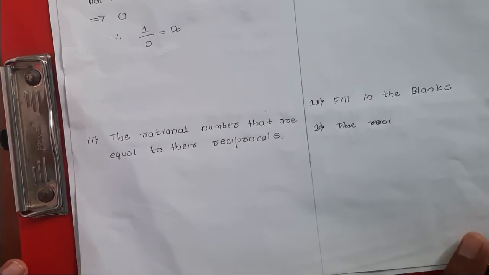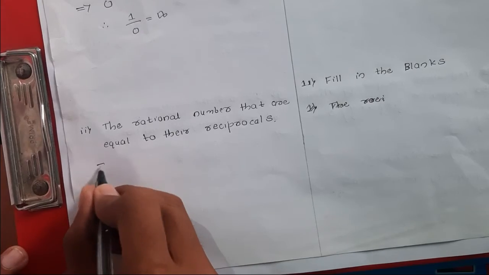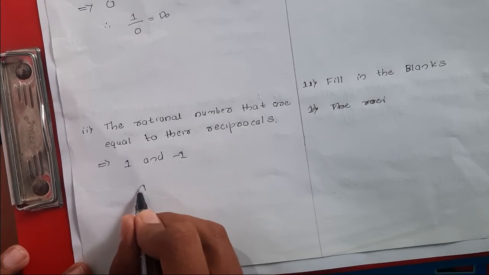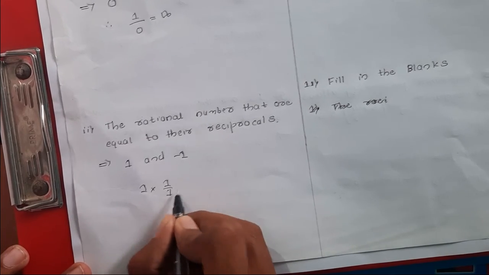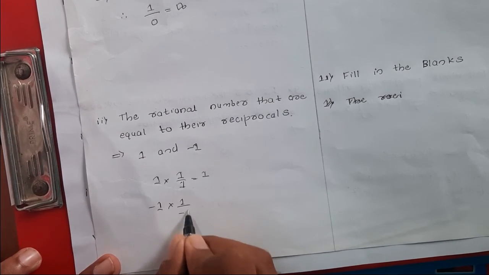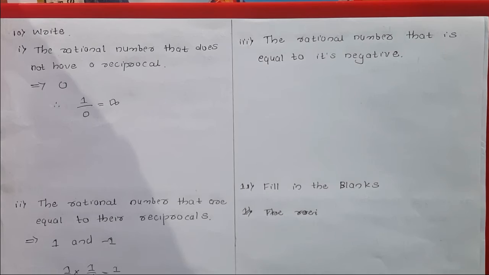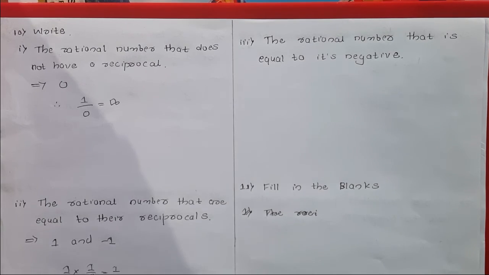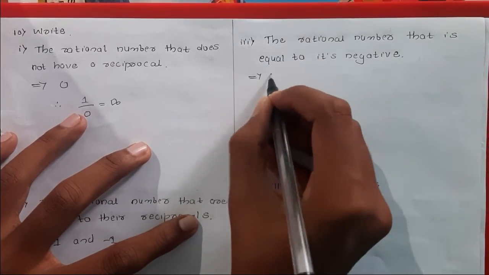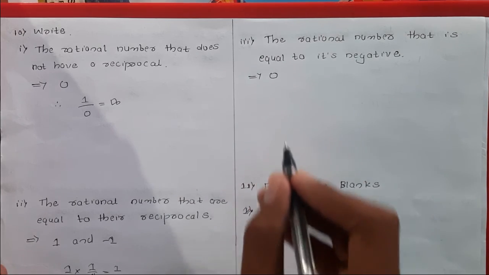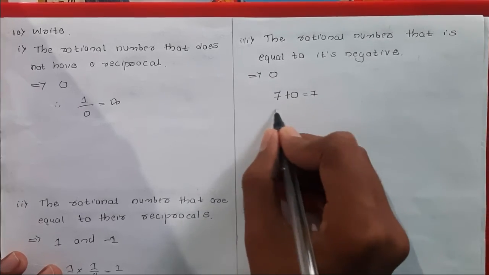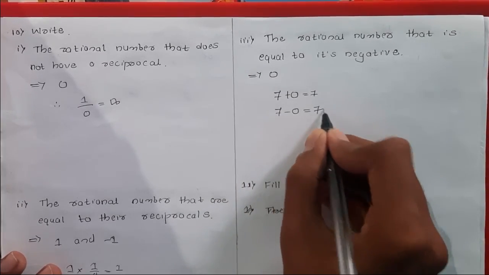The rational numbers that are equal to their reciprocal are 1 and minus 1, because the reciprocal of 1 is 1 by 1 which leads to 1, and minus 1, its reciprocal is 1 by minus 1, that leads to 1. Third question, the rational number that is equal to its negative is 0, because 0 doesn't have any sign, positive or negative, because 7 plus 0 is equal to 7, 7 minus 0 is equal to 7.